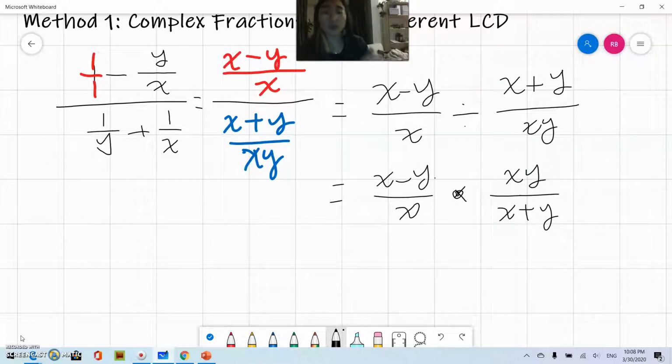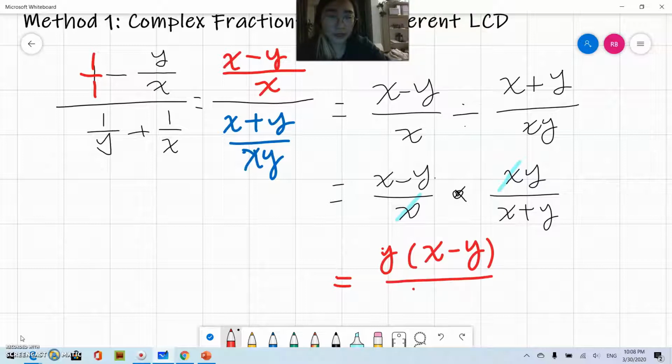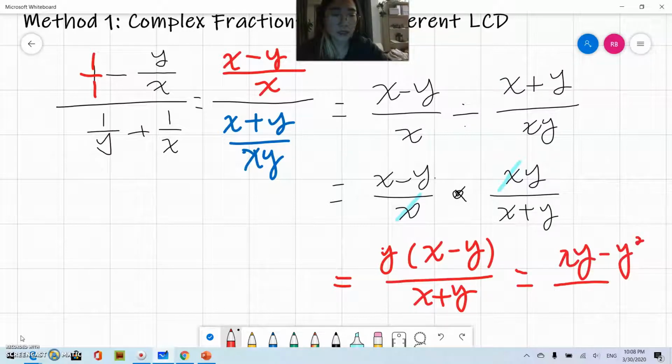So then you multiply across. But before we multiply, let's cancel out what we can. So x and x can cancel out, right? So then my final answer is y times (x minus y) over (x plus y). If you like to distribute, you don't have to, but if you like, you can distribute like this.